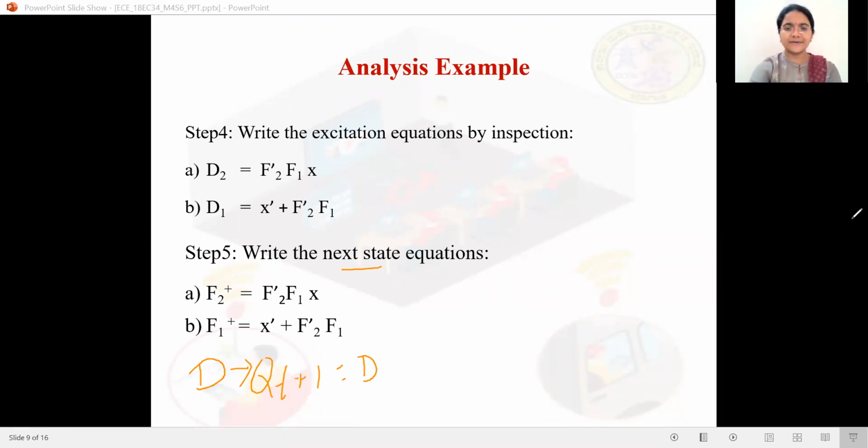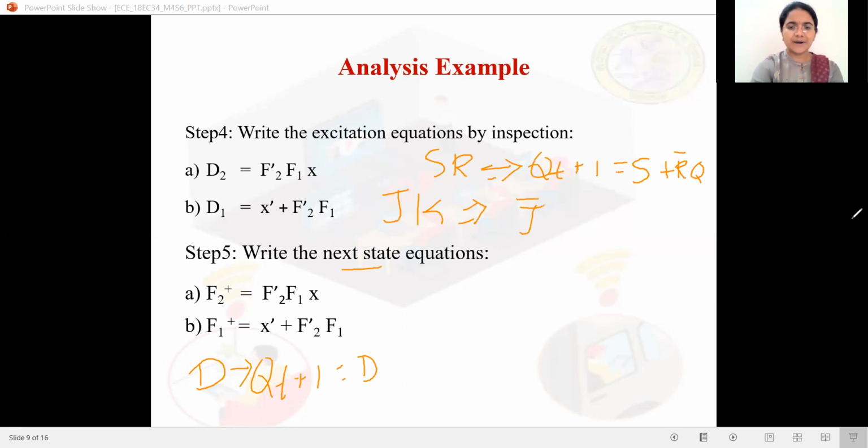For the SR flip-flop, as we studied, the next state equation is Q(t+1) equal to S plus R bar Q. For the JK flip-flop, it is J Q bar plus K bar Q. And for the T flip-flop, it is T XOR Q.